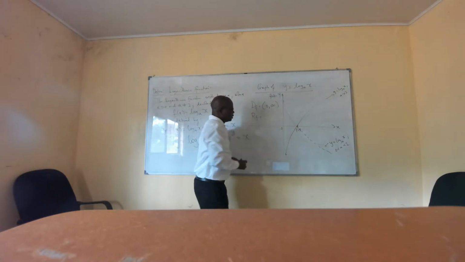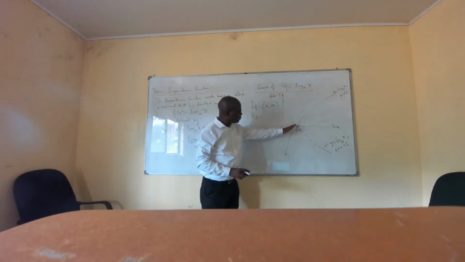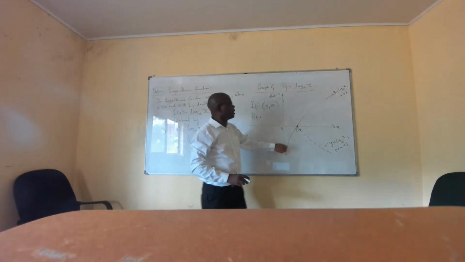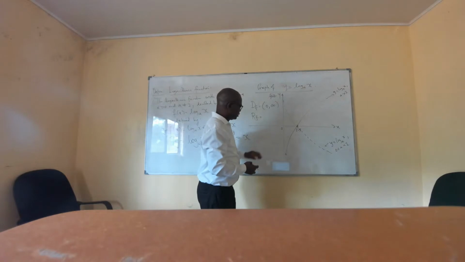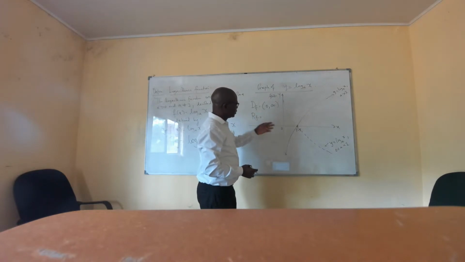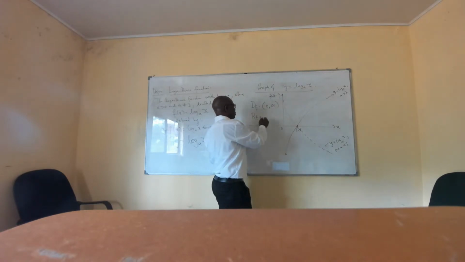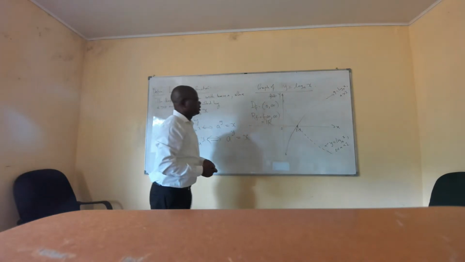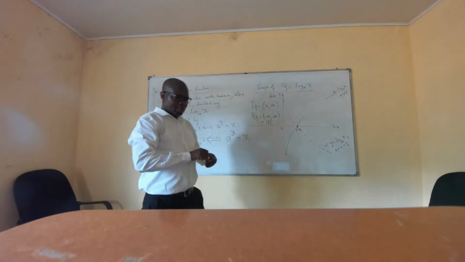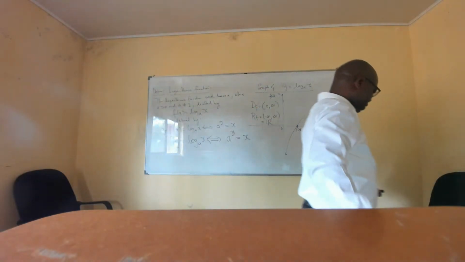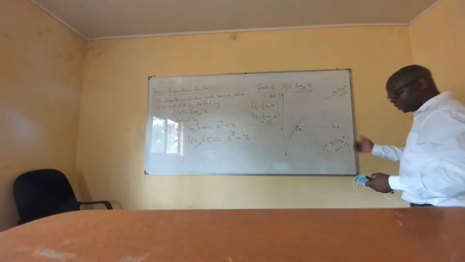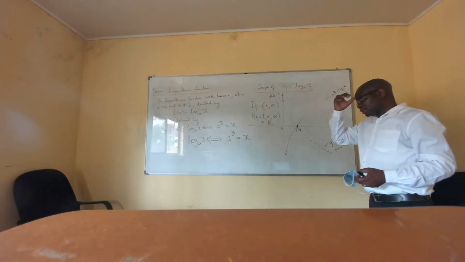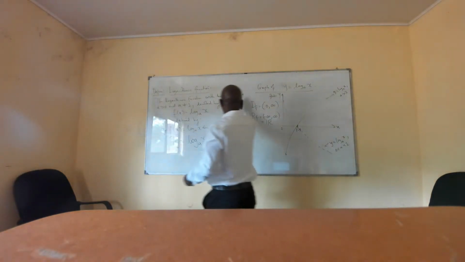And the range, you see this graph can take anything up and anything down, similar for the other one, so it will be all real numbers. This is the same as the set of all real numbers. That is the range. Now, when you try to compare exponential functions, they are actually inverses of one another.